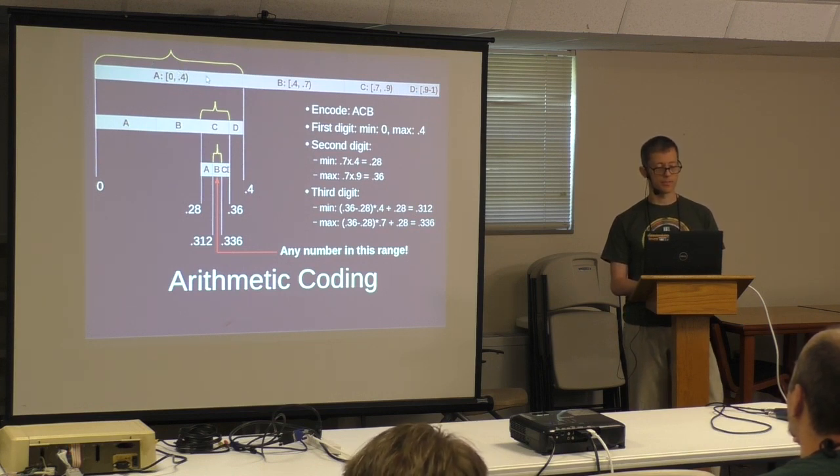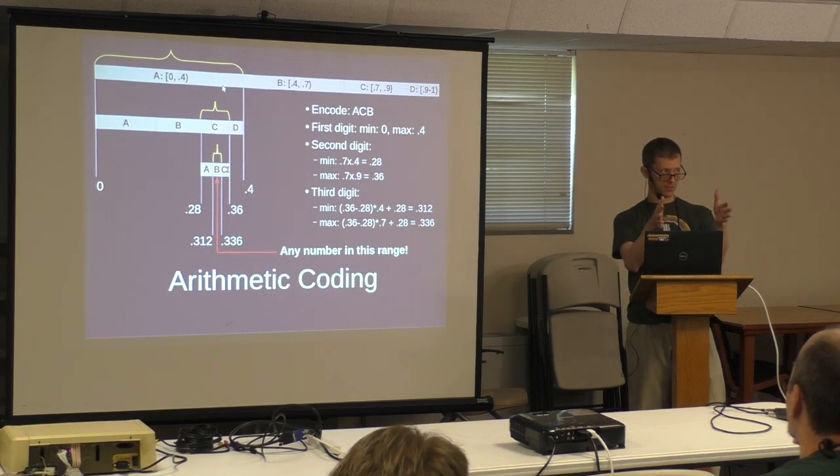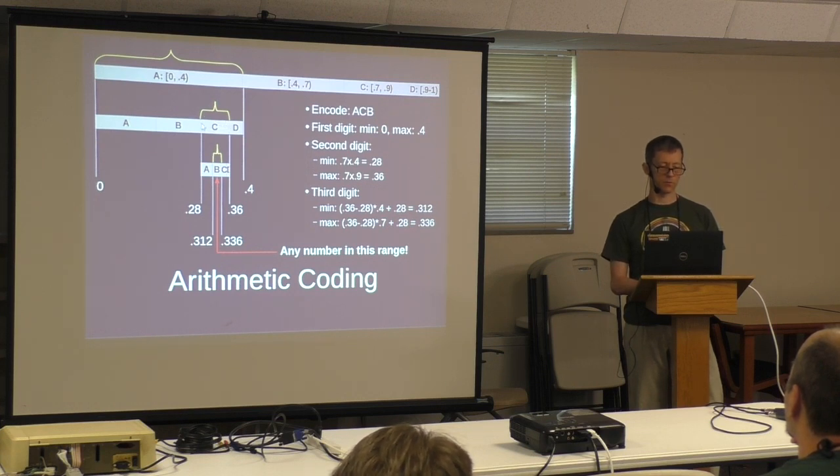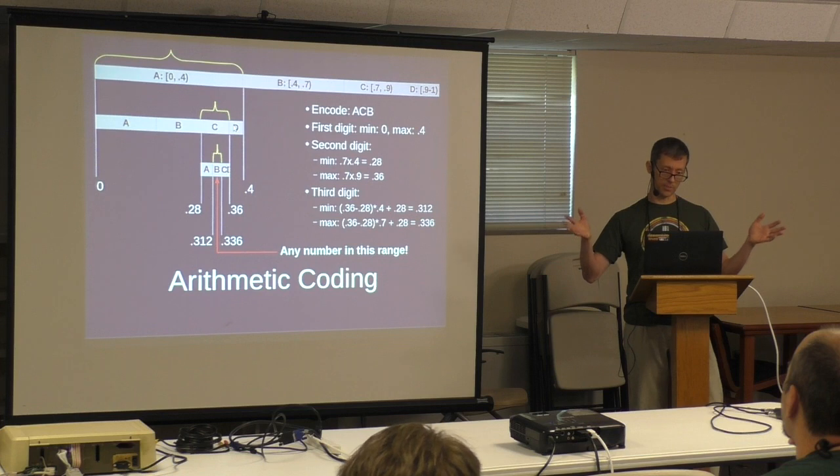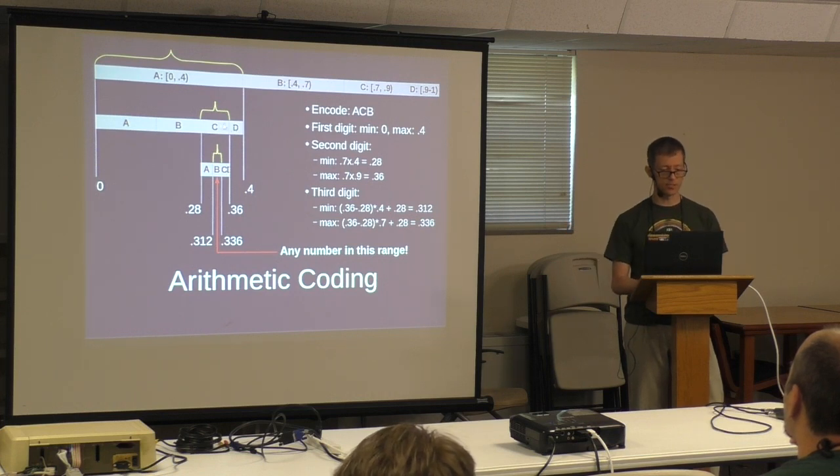The next token is a C. So you take that whole big ratio and squash it down to just that 40%, but it's still the same ratio. So we're now looking at this area here. For the third token, you can take that same ratio, but squish it down again inside just this little C ratio here.